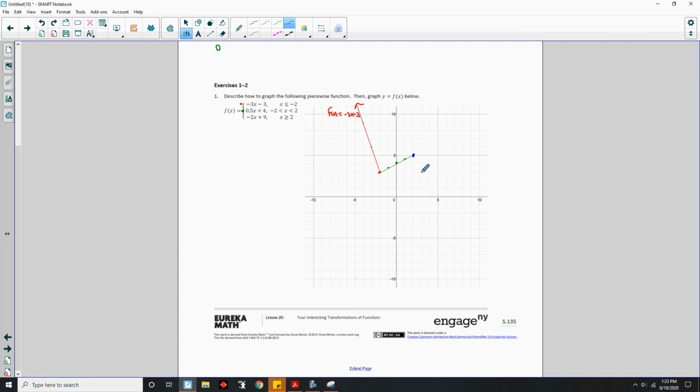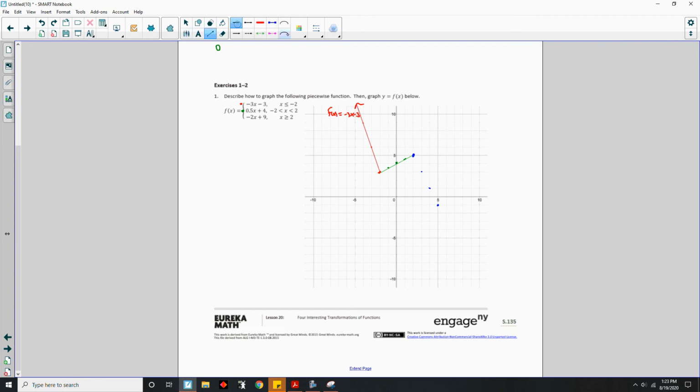So over 3 up 3 is right here. And then 4 times negative 2 is negative 8, plus 9 is 1. So over 4 up 1 is here. And then one more. 5 times negative 2 is negative 10, plus 9 is negative 1. So over 5 down 1. And that just keeps going down in that direction with a negative 2 slope.